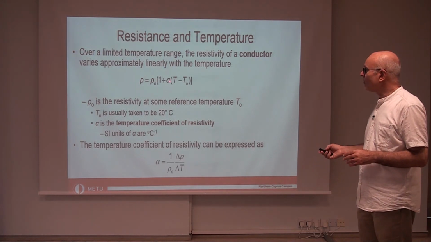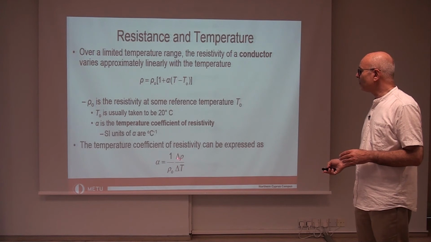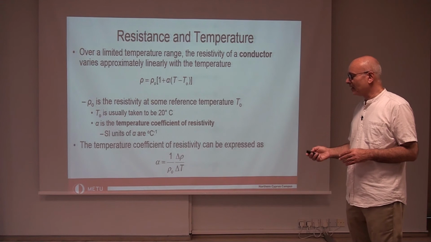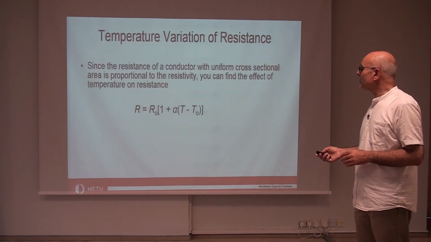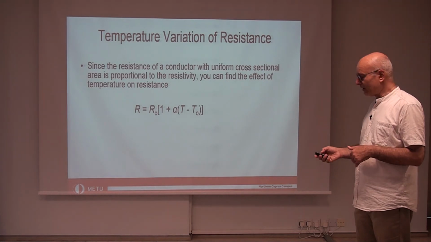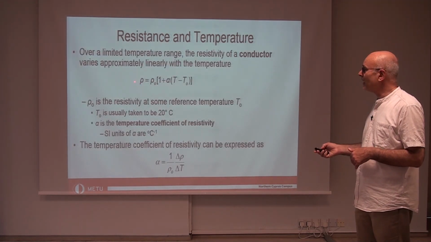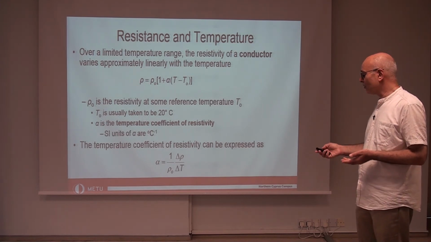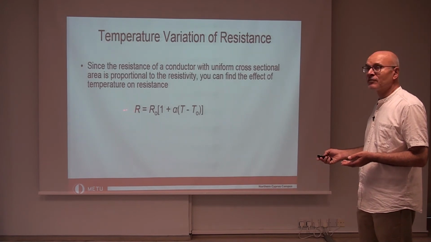And if you want to solve this equation for alpha, you can write it this way: delta rho is rho minus rho naught, delta T is T minus T naught, so this is an expression for alpha. Now, for the resistance, you just multiply this by L and divide by A, and so you get the expression for the resistance.